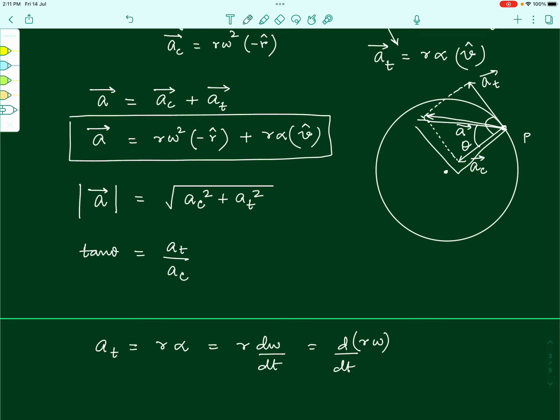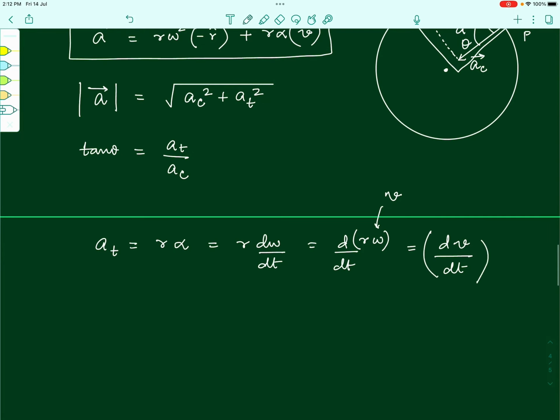And what is r omega? R omega is nothing but v, the speed of the particle. So this is nothing but dv by dt, the rate of change of the speed of the particle. Mind you, v here is not the velocity, it's the speed. So this is the rate of change of speed of the particle, which is giving us the tangential acceleration.